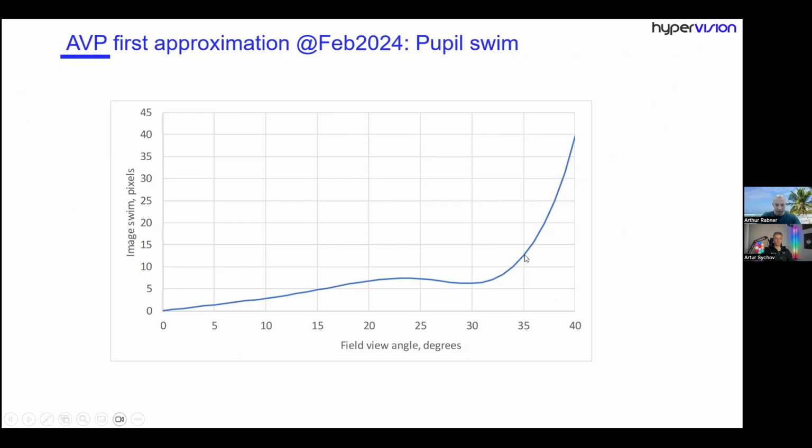For instance, here at 35 degrees, we will miss about 13 pixels. I guess there is pupil swim also in precise lens modeling, but once we have a real-time eye tracker and can fix distortions in real time, pupil swim is eliminated.